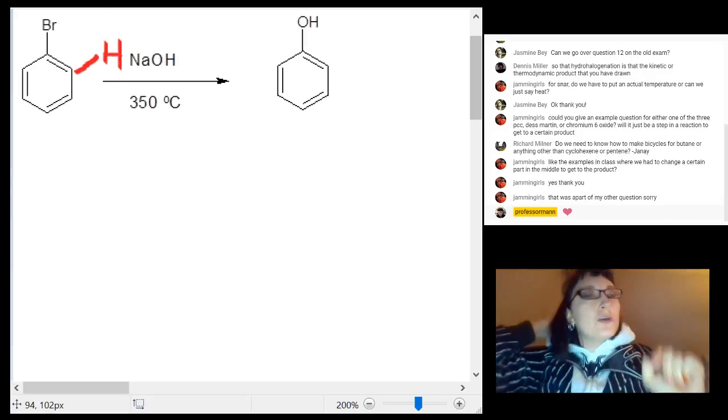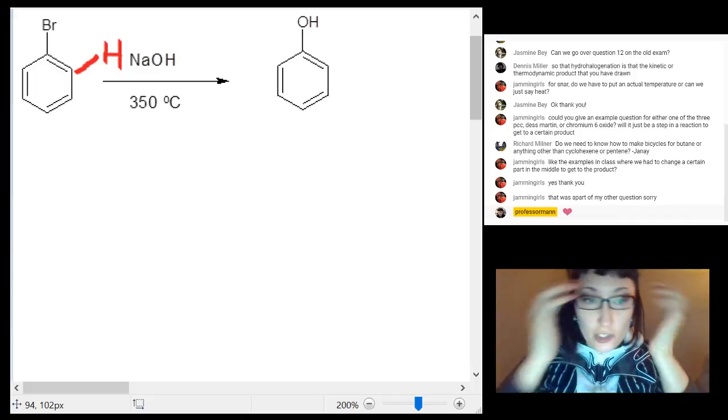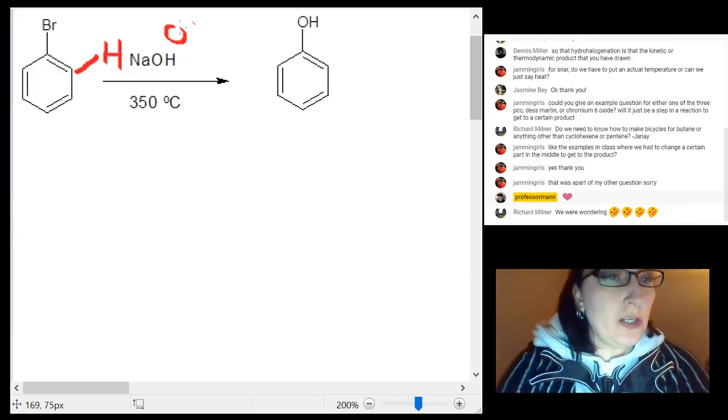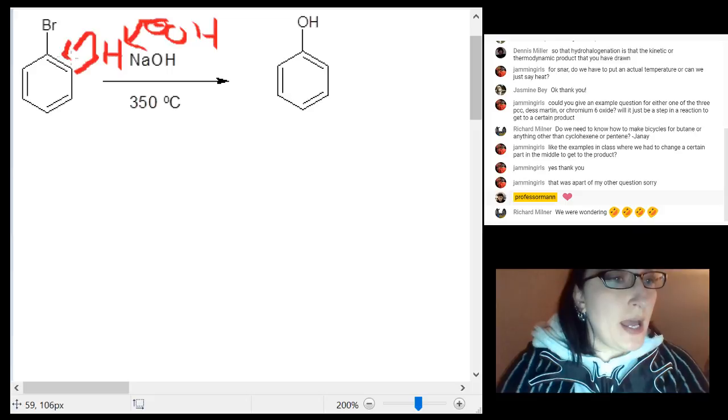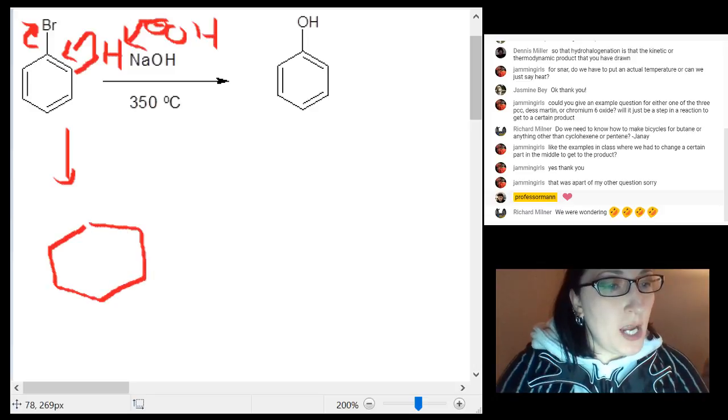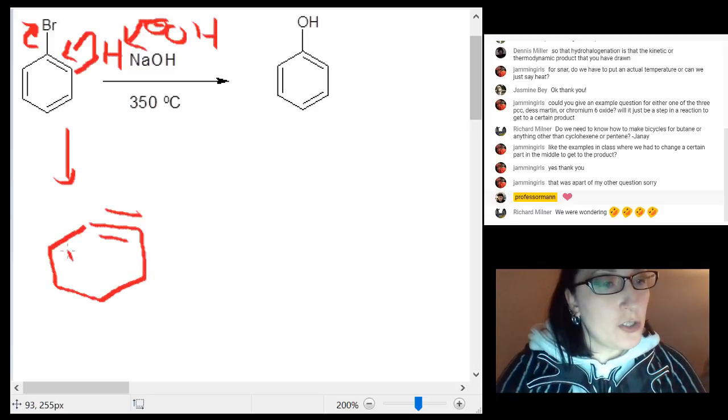Okay. So when we have really high pressure and really high heat, bases can do what bases normally do, which is act as bases and deprotonate. And when that happens, you're basically going to kick off a leaving group in the bromine. And that gives us a terrible, terrible structure.